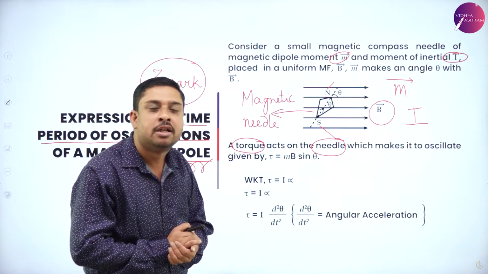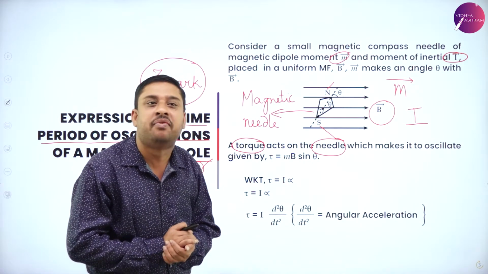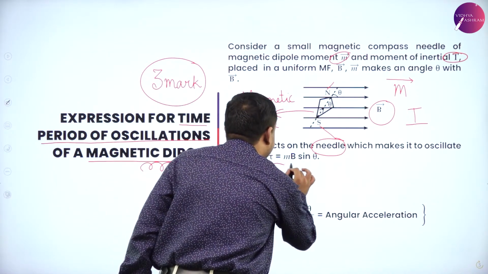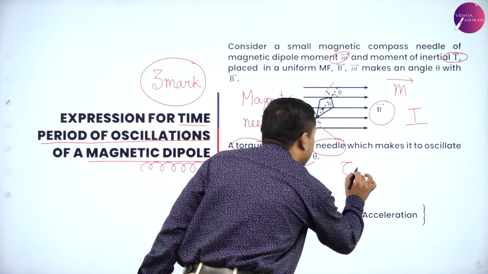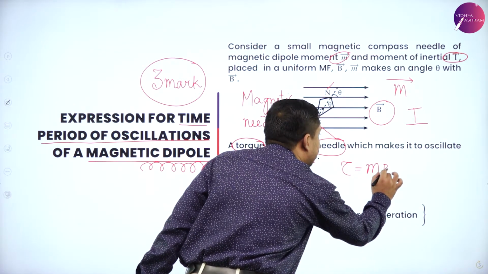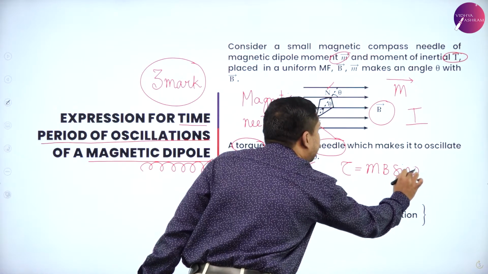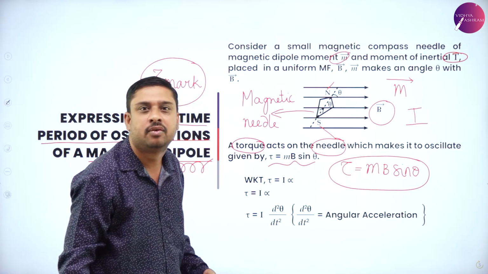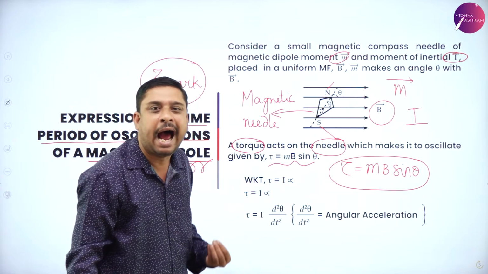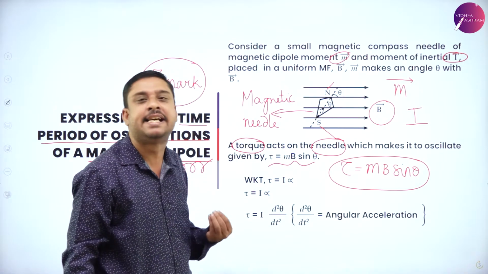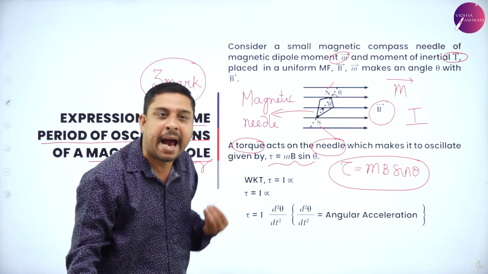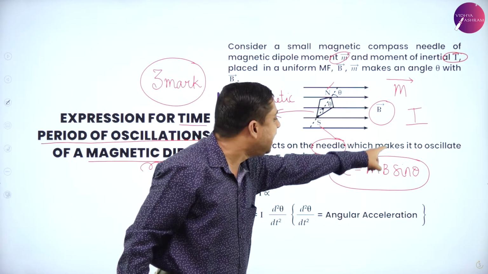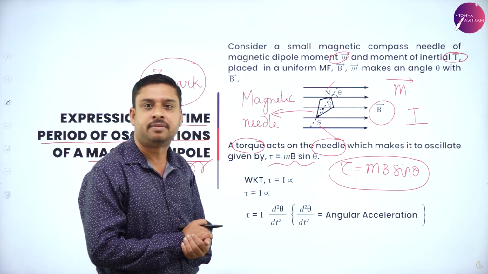We know the torque acting on the needle in a magnetic field is given by the expression tau equals mB sin theta. So the expression for torque acting on the magnetic needle in the magnetic field is tau equals mB sin theta.